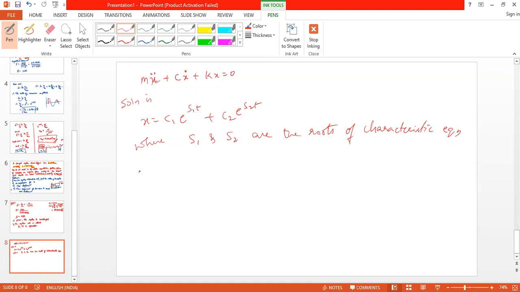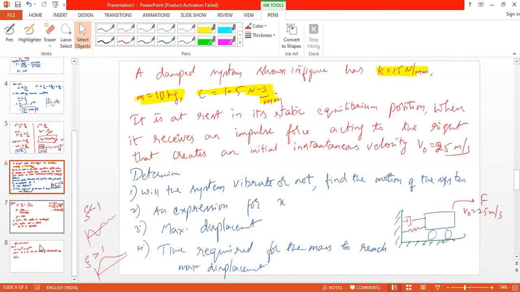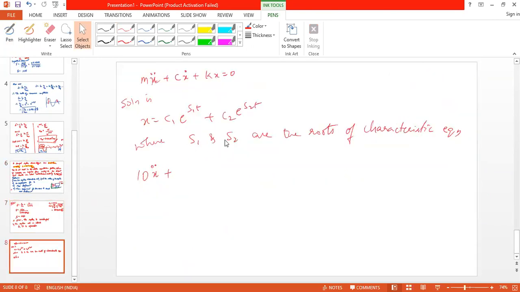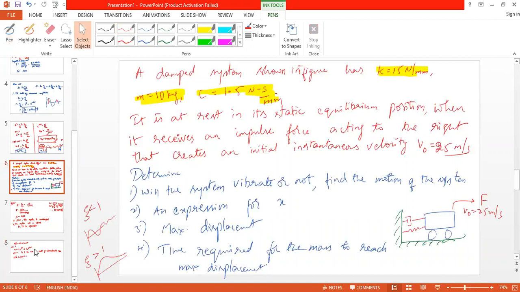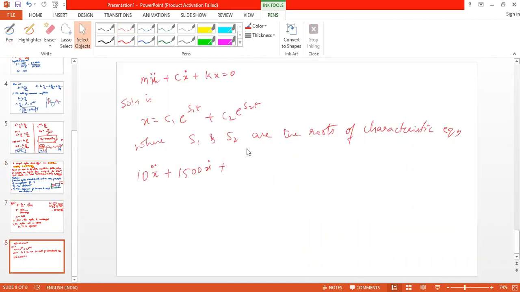M is 10 kg, so 10 x double dot plus the value of C, 1500, x dot plus K, which is 15,000, x is equal to 0.